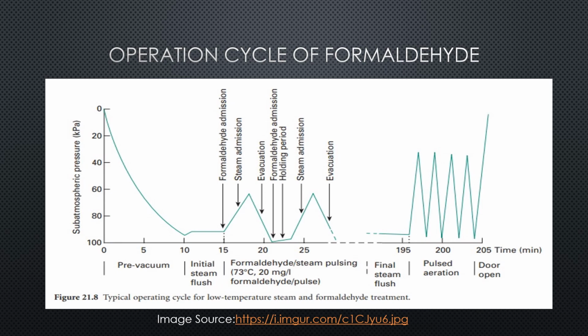The sterilization period will start with the release of formaldehyde by vaporization of the formalin and continued through either a simple holding stage or through a series of pulsed evacuation and steam. Either we can have continuous formaldehyde entry, or we can have entry and exit, like that we can go for the sterilization cycle.